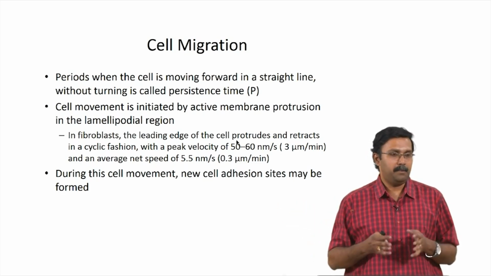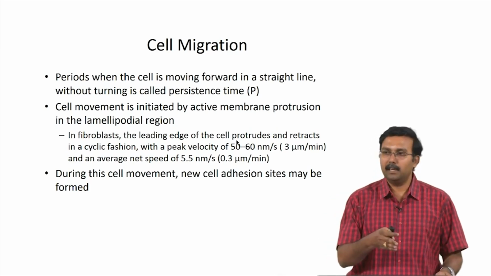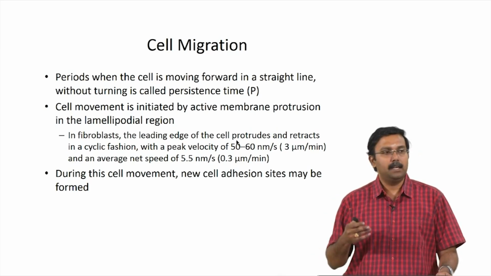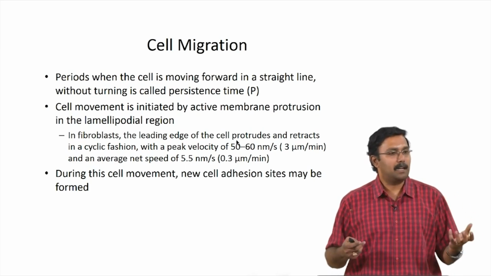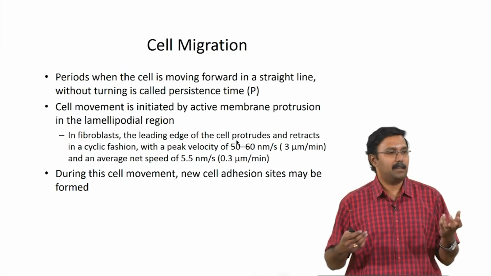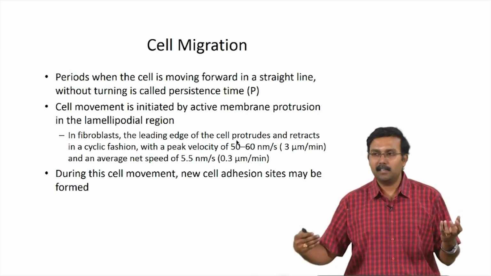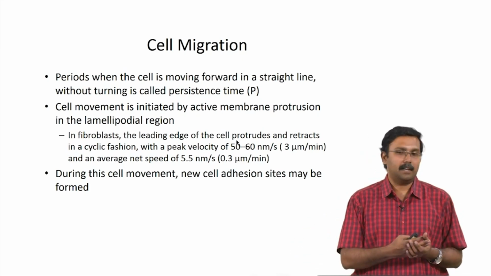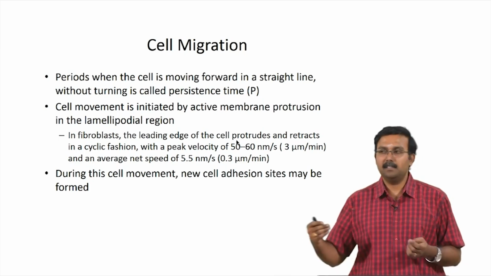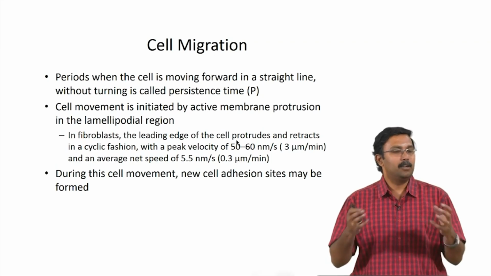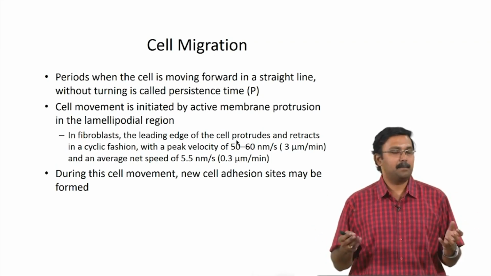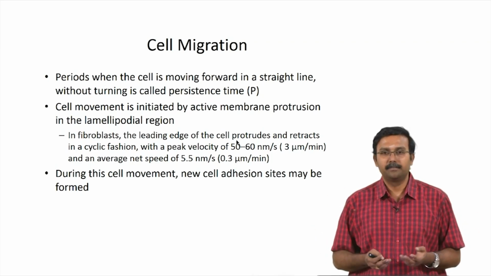This time frame in which it actually moves in one direction is called the persistence time, and this persistence time can be altered based on having chemoattractants and so on. If you have a chemoattractant, then the cells are going to try and migrate towards that attractant, and in that case the persistence time will be longer. Otherwise, if it is going to be uniform distribution of the chemoattractant, the persistence time will be much shorter.